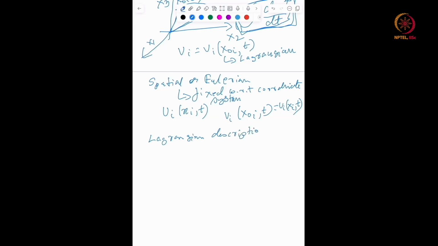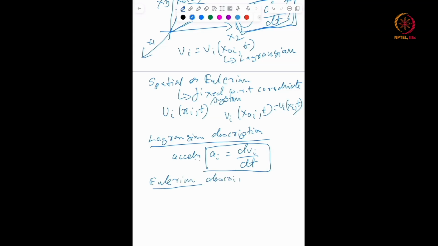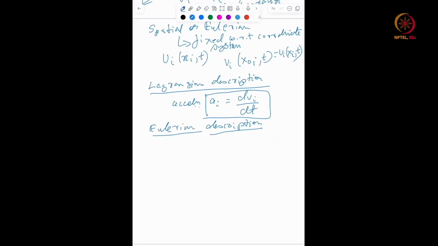And this is basic fluid mechanics. In the Lagrangian description, the acceleration ai is given as dvi by dt, the rate of change of velocity in that particular direction. But in an Eulerian or a spatial description, this is a little bit different.